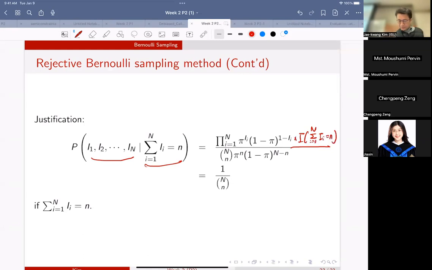For the denominator, what is the distribution of the summation of the indicators? This follows a binomial distribution.